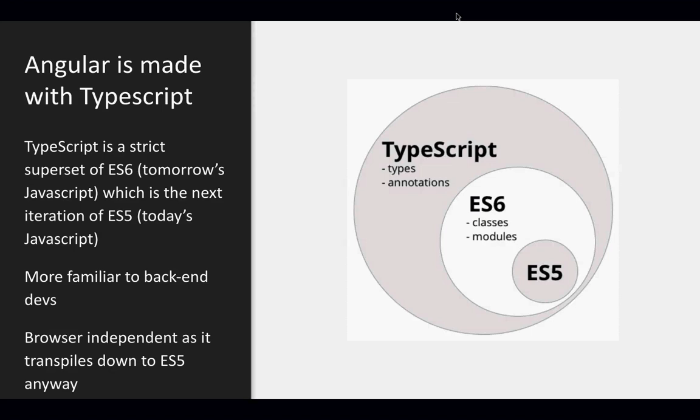So that's not good because you have two different versions of JavaScript, and it's a problem that's always been there. You write something, it works in one browser, it doesn't work in another, and we don't want to be doing that anymore. So TypeScript is the solution. Because what happens when you use TypeScript is that you can use any feature from ES5 or ES6 or even more, because TypeScript has its own set of features, such as types and decorators, annotations, and more.